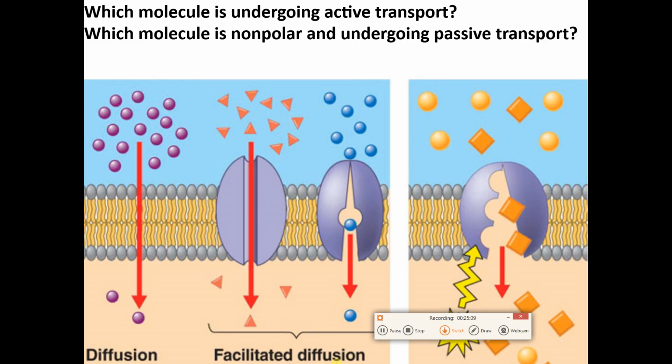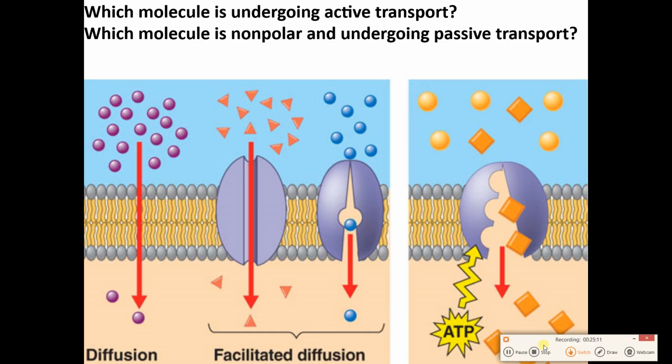All right, in this example here, I've got some transport going on. I've got some purple guys going directly through my cell membrane. I've got some orange guys going through a protein, some blue guys going through a protein, and some more orange guys, orange diamonds here, also going through a protein.